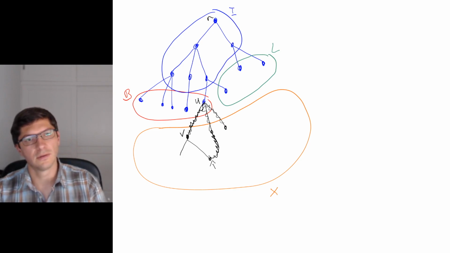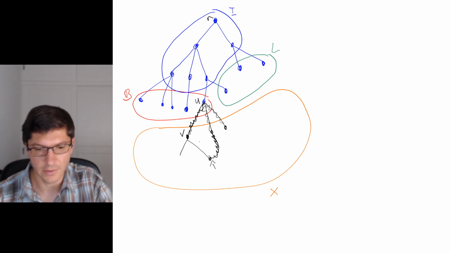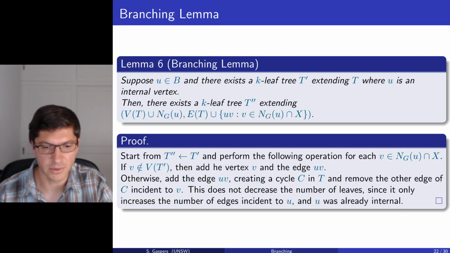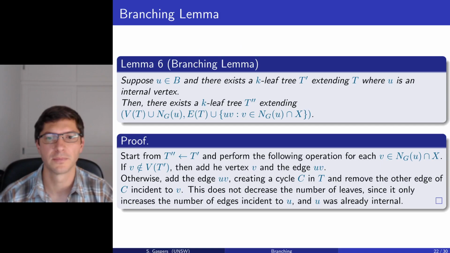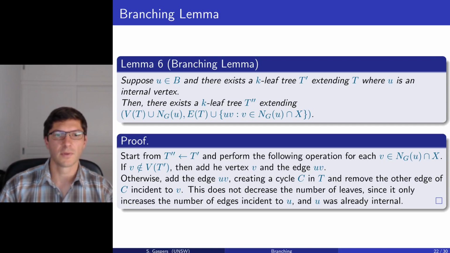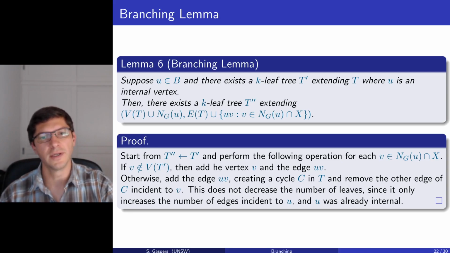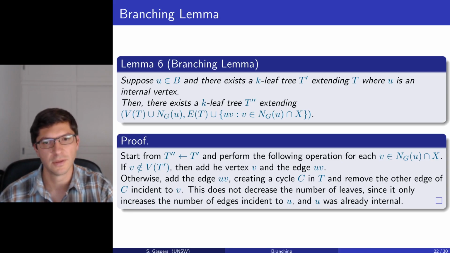And that's all the changes, all the statuses that can change between being a leaf and not being a leaf. So it increases the number of edges only incident to u, and u was already internal. For every other vertex that's affected, either its number of incident edges remains the same or it decreases.